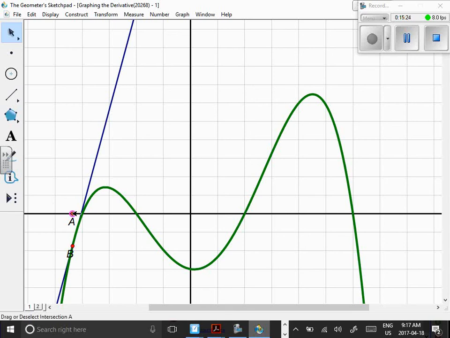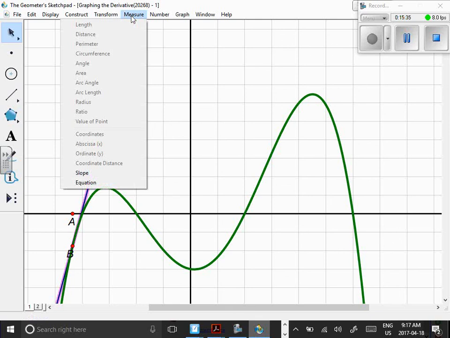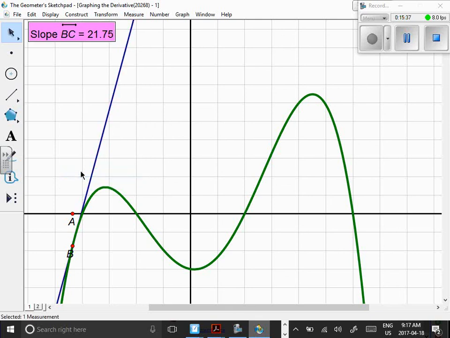Here's the x value, and there's the tangent. So, first thing I'm going to do is take this and measure that slope. At that point, the slope is 21.75. Now I'm going to get just the x value here.